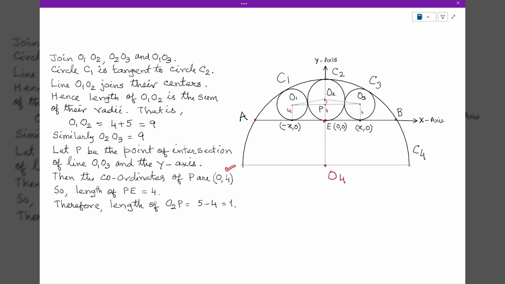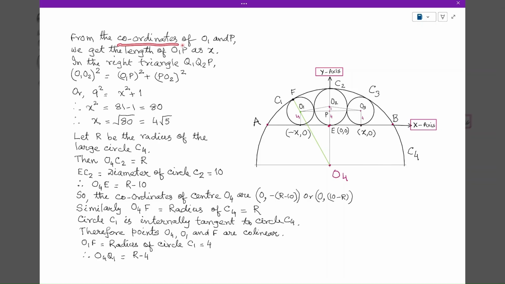So the coordinates of P are (0, 4). Therefore, the length of PE is equal to 4. Therefore, the length of O2P, this much, is equal to 5 minus 4, which is 1.